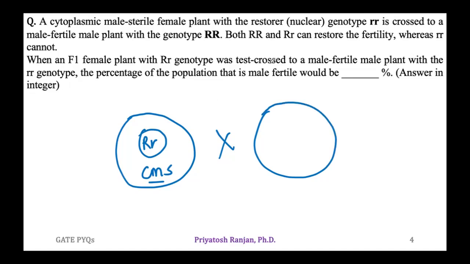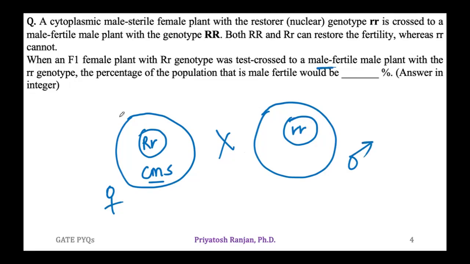And it's given to a male fertile male plant with the small r small r genotype. And we are not bothered about the cytoplasm from the male parent because we all know the female plant is going to pass the cytoplasm to their progeny. This is female, this is male. Anyways, it's given the male is fertile.